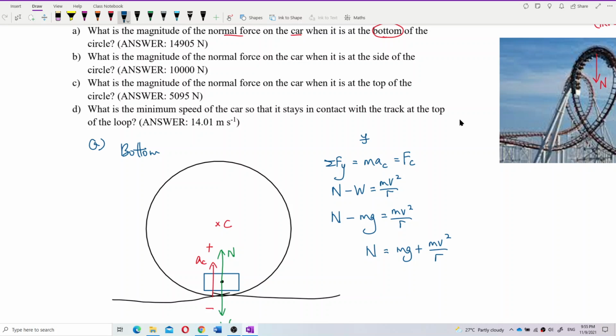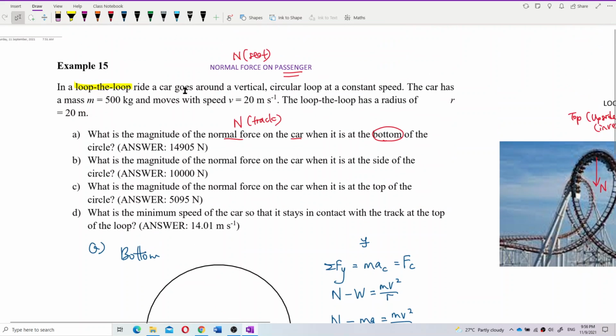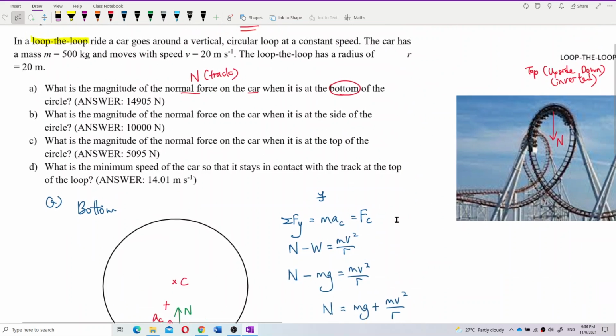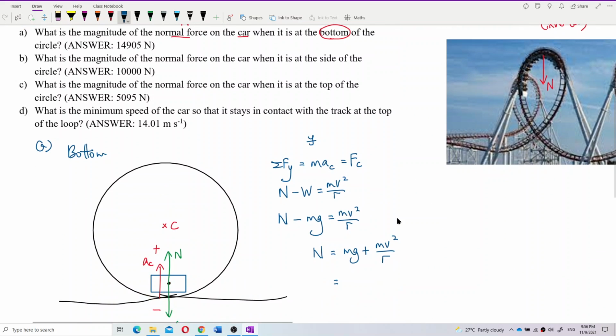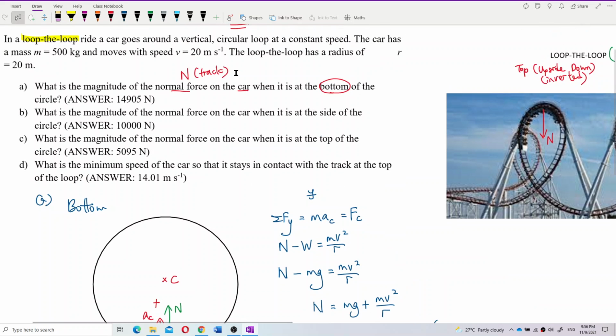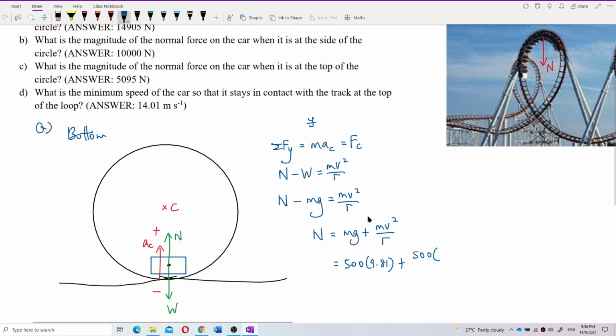Let's calculate, put in all the values. What is the mass here? 500. Let's put in 500 times 9.81, plus 500 times v squared. What is v? 20, squared. What's the R?